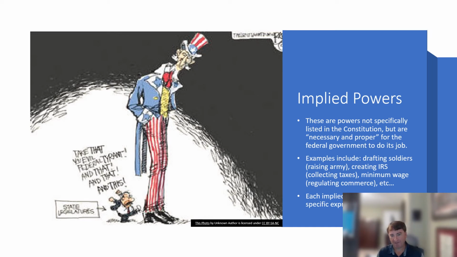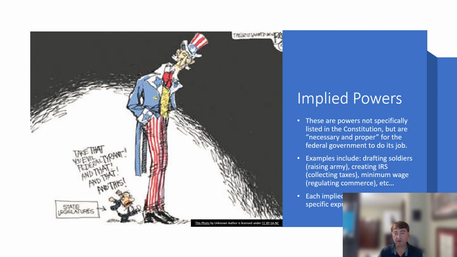Now, whether they have that power or not, that's ultimately been up to the courts to decide. For the most part, the courts have ruled that the federal government does have the powers that they imply. But occasionally, they've said no. There was a very famous Supreme Court case of a federal law that dealt with guns in schools.